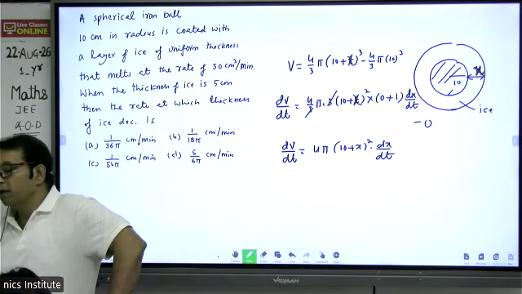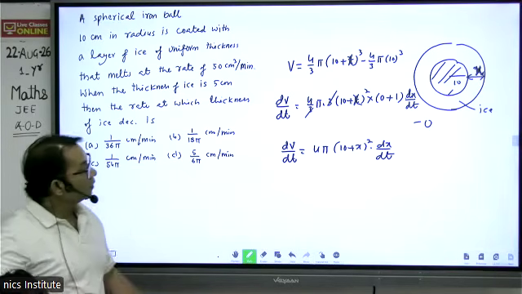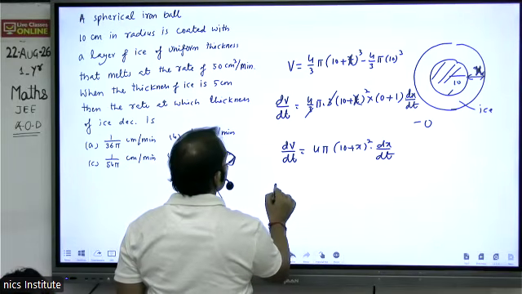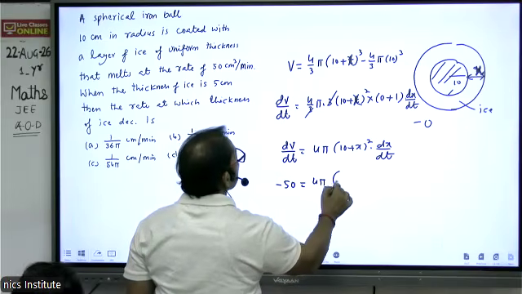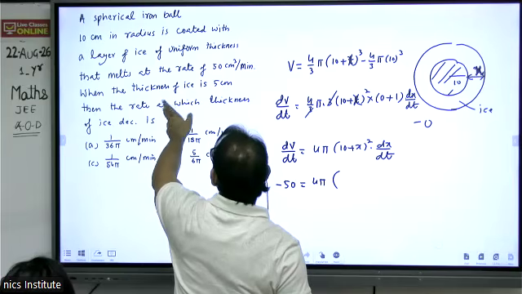Now the rate at which ice is melting has been given. The ice is melting at the rate of 50, minus 50 because it's decreasing. And what is x when the thickness is 5?